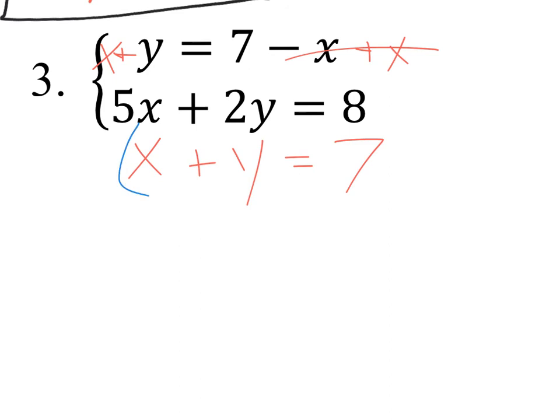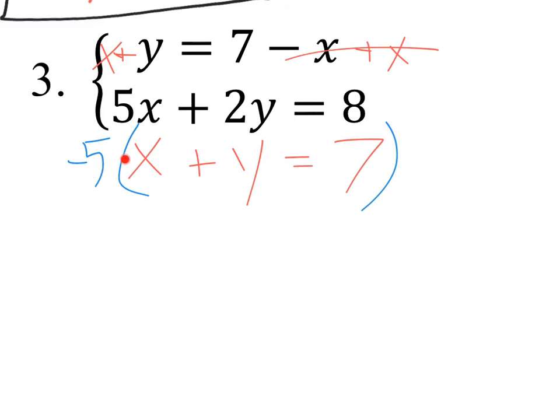So I'm going to choose to eliminate the x's. So I'm going to multiply this by negative 5. The reason why I'm going to multiply by negative 5 is because negative 5 times x will give me negative 5x. And if I add that to positive 5x, it'll equal 0. But you can't just throw in a negative 5 to the x and then expect everything to be okay. The rules of algebra say what you do to one side, you have to do to the other.